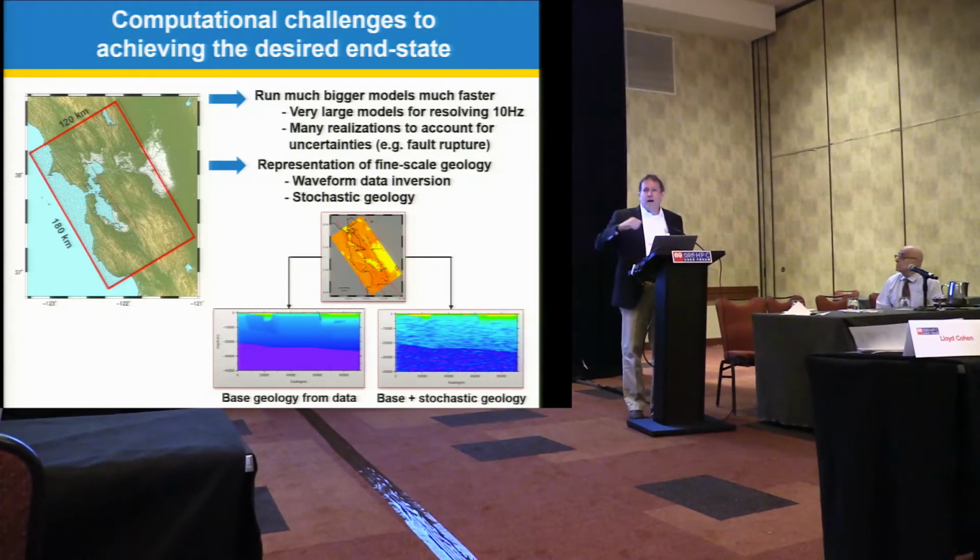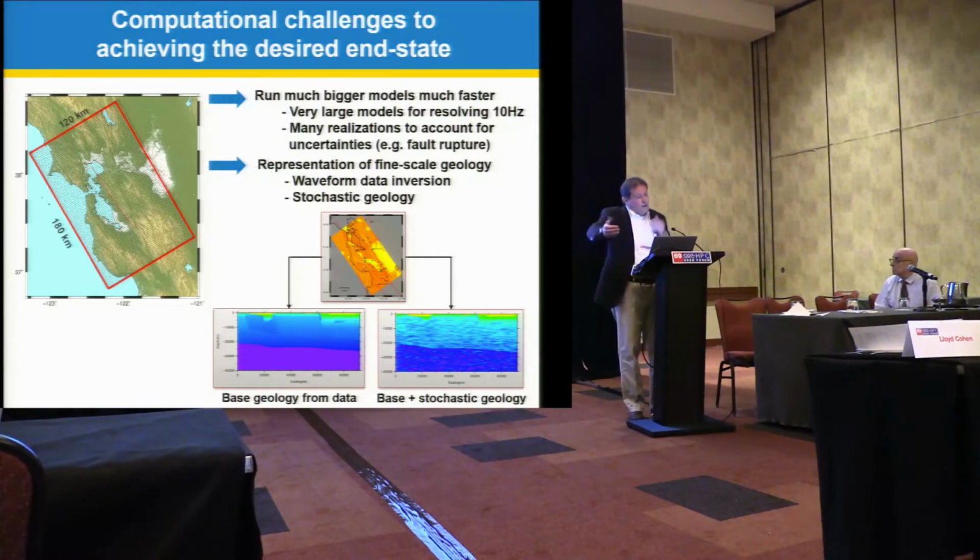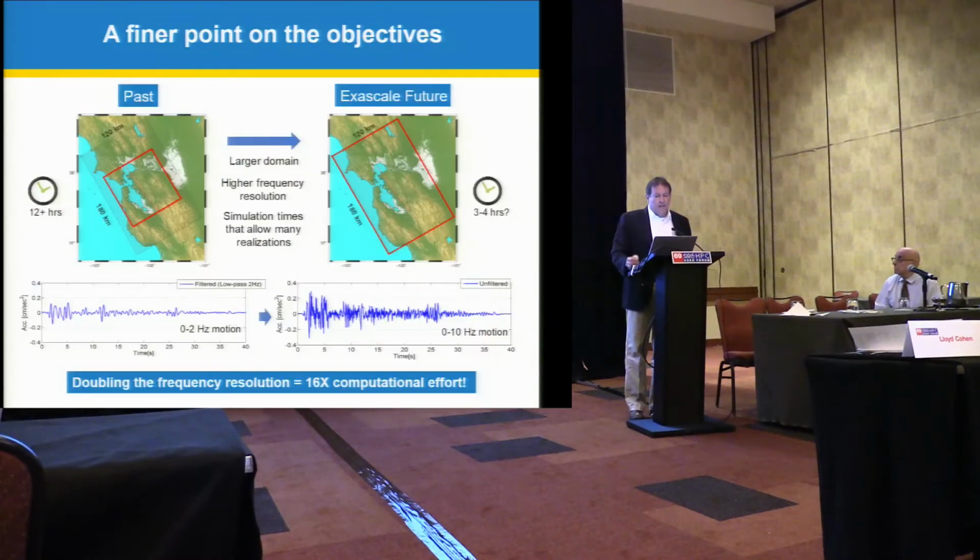We're incorporating automated algorithms for waveform inversion, so we can use small, frequently occurring measured earthquakes to constrain the geology, and then as well, overlay stochastic geology in our models so that we can represent some of that very fine-scale geology. Just to make a finer point of these objectives, if you think about historically, we may have a 12-hour run on one of our big computers at Berkeley, and we may resolve to maybe 2 hertz in the Bay Area. If you look at the waveform of that, it looks like what you see on the left-hand side.